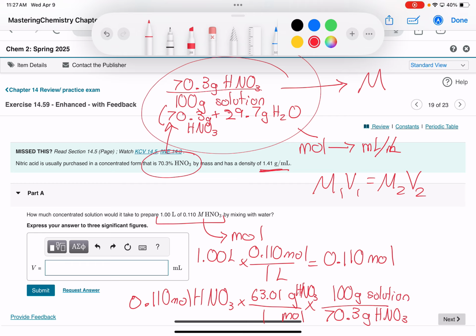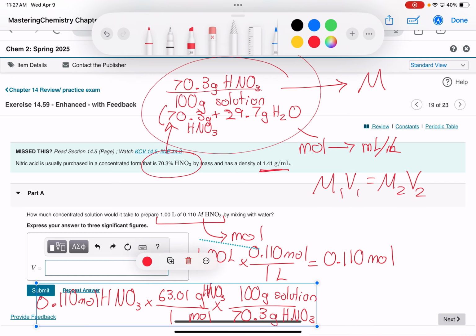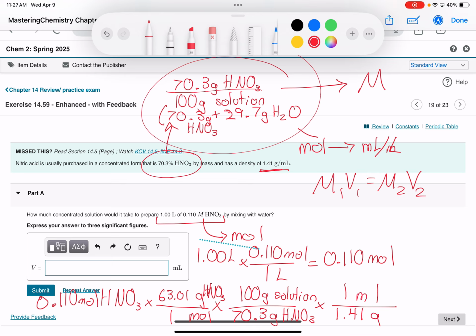It says how much. Oh no, the answer down there says volume, milliliters rather, okay? And move this over one more so that we can do the density conversion, which was 1.41 grams per 1 milliliter.